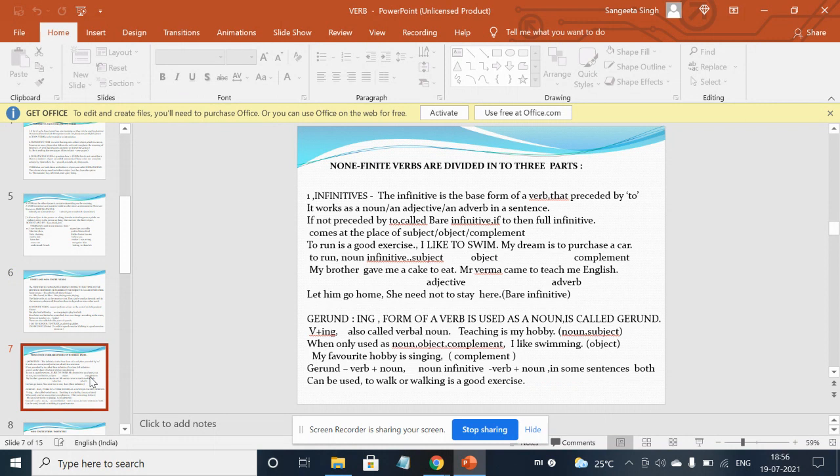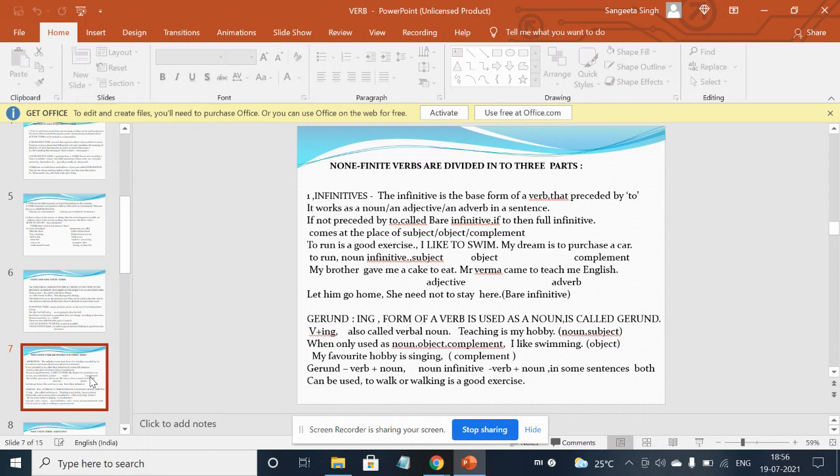Non-finite verbs are divided into three parts. First, infinitives. The infinitive is the base form of a verb that is preceded by to. It works as a noun, an adjective, or an adverb in a sentence. If not preceded by to, it is called a bare infinitive.